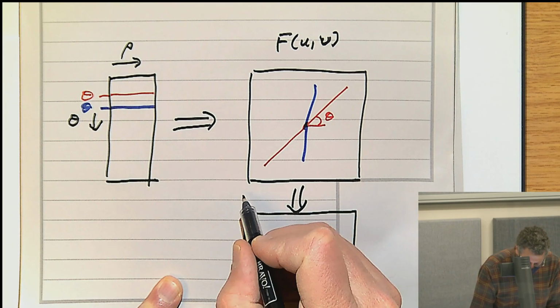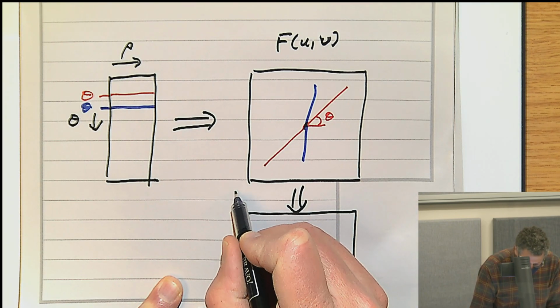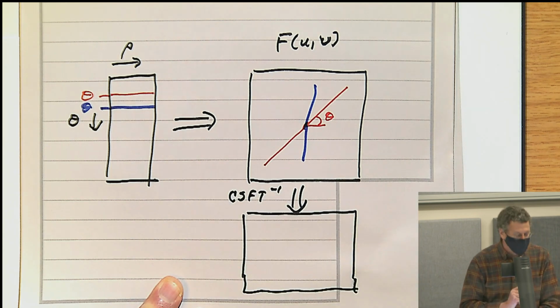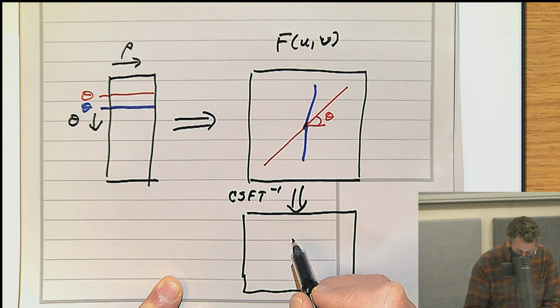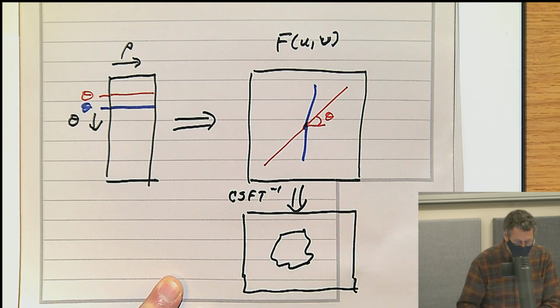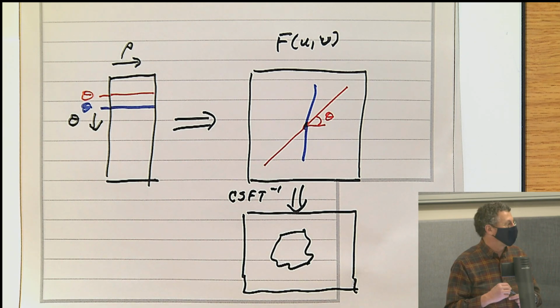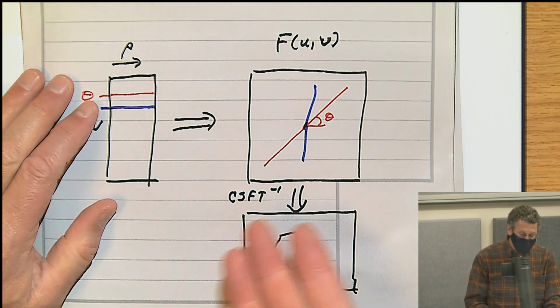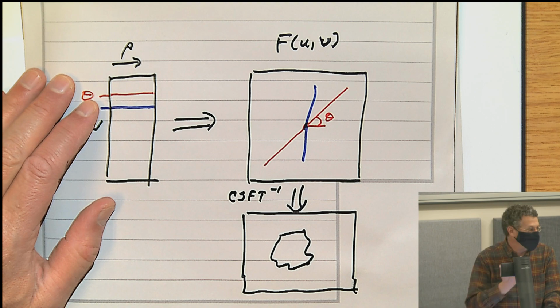This would be a continuous space Fourier transform inverse. And then you get your object back. So that seems pretty simple. You go, okay, this is how I can do reconstruction with the Fourier slice theorem.